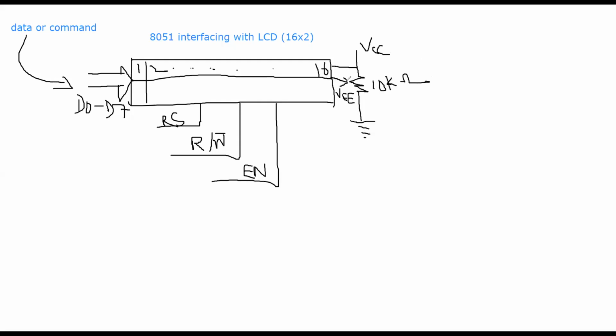This terminal is VEE and this is VCC. This will adjust the brightness of the LCD. Am I clear up to this point?